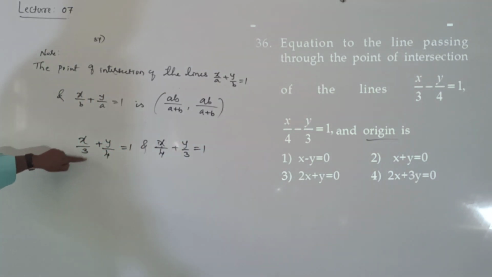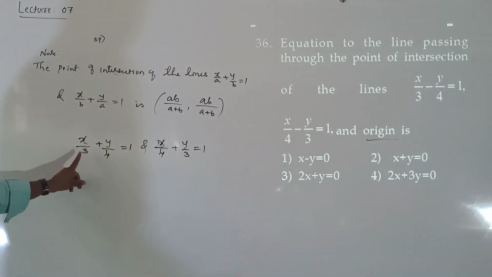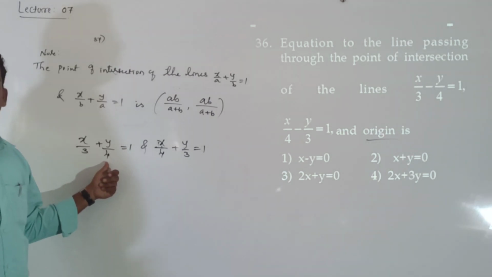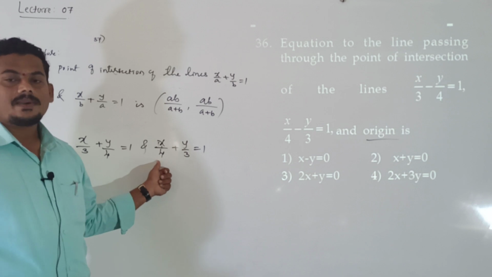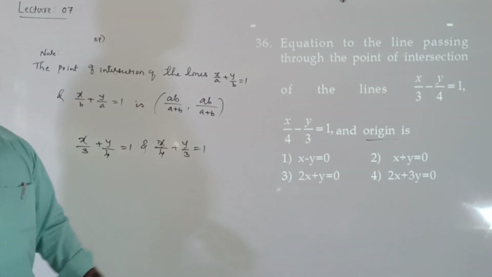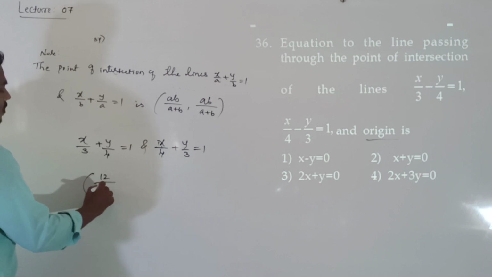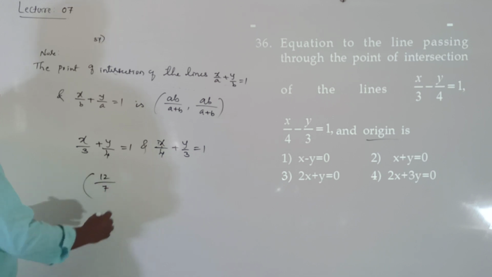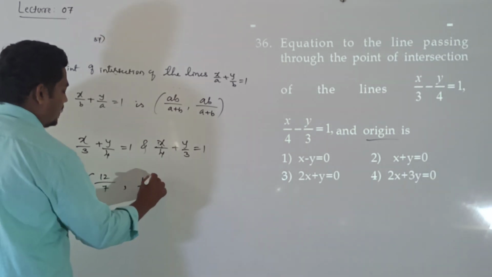Clearly it is like x by a plus y by b equal to 1 and x by b plus y by a equal to 1. Here a value 3, b value 4. Then what is point of intersection? 12 divided by 7 comma 12 divided by 7.